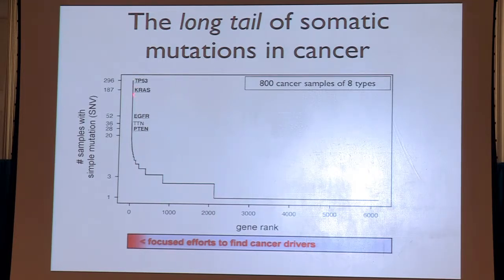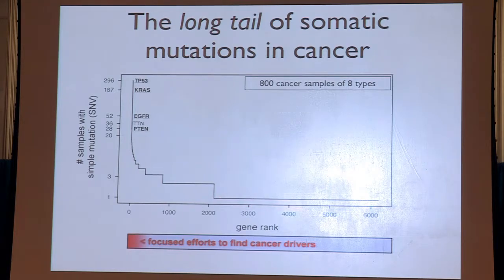We looked at 800 cancer samples from 8 types, and we found, as people have seen, that P53, KRAS, EGFR, and PTEN are mutated a huge amount of times. But most of the mutations are actually captured in a very long tail of lower mutation frequency, but a lot of known cancer genes are found in this tail.